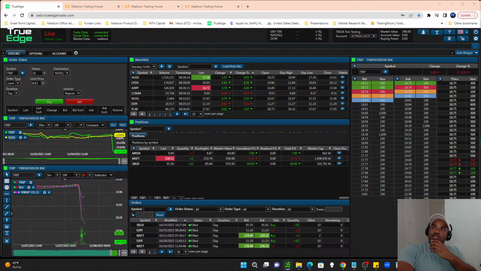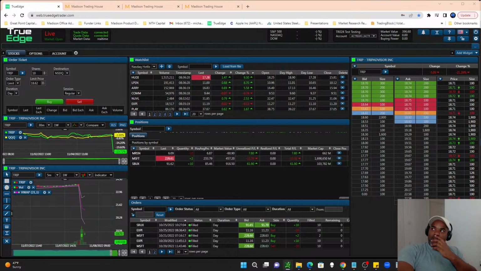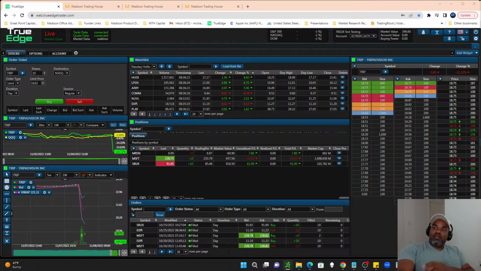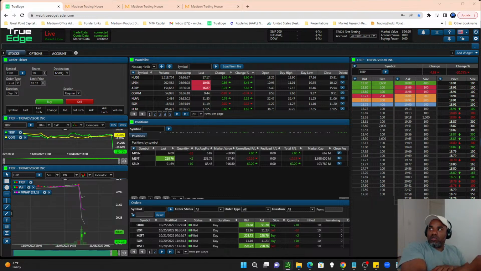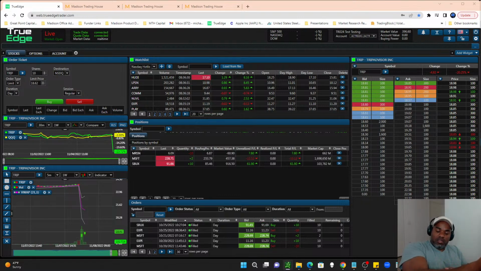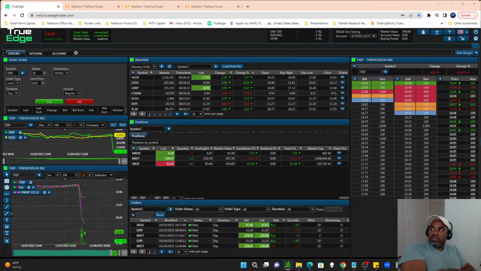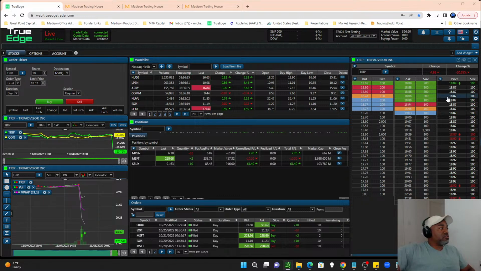I don't really see anything yet that looks like it's trading really high volume, so I'll skip that. So far, I don't see anything really strong on the list of NASDAQ percent gainers.